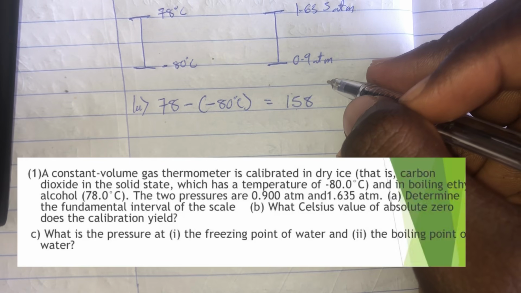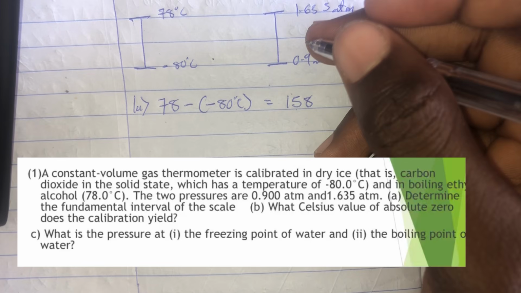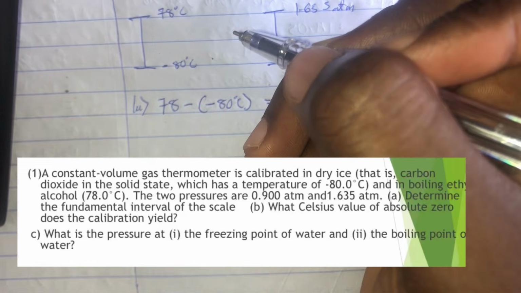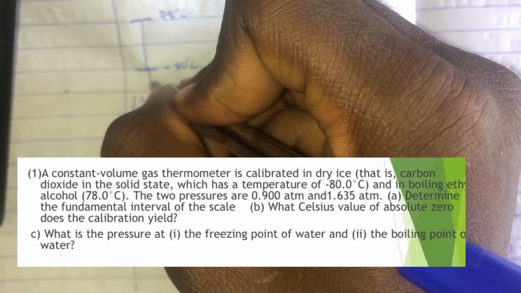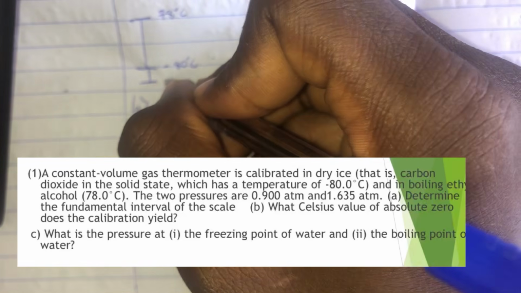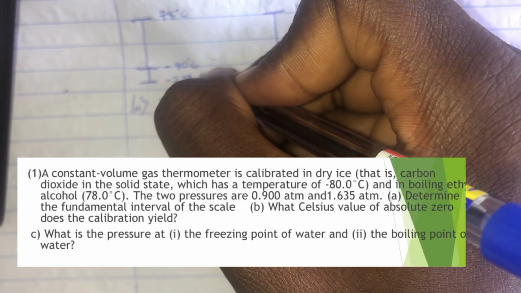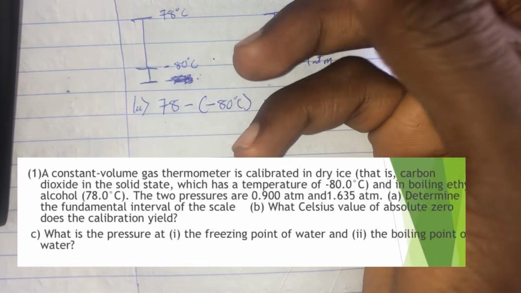Part B asks, what Celsius value does the calibration give for absolute zero? Normally absolute zero is minus 273.15 degrees Celsius, right?